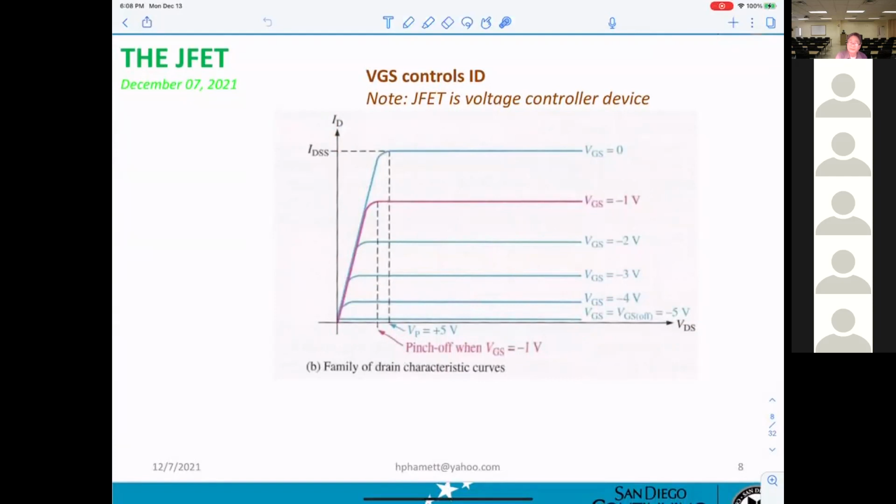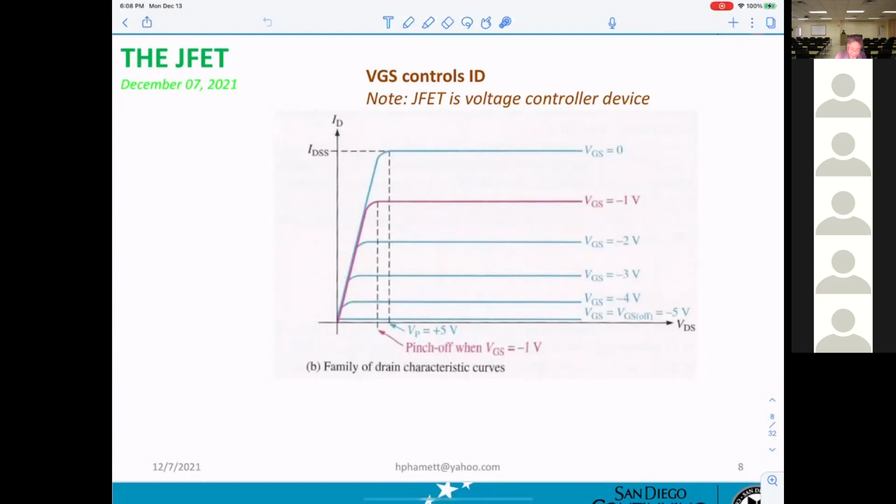Same thing in the bipolar transistor: this will be IC, and this will be VCE, and the curves will be IB. However, in the JFET, this stands for ID, this stands for VDS, and the curves stand for VGS.